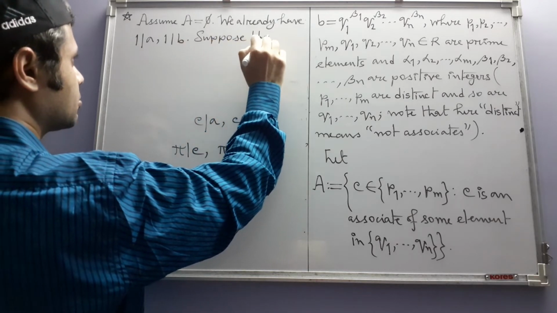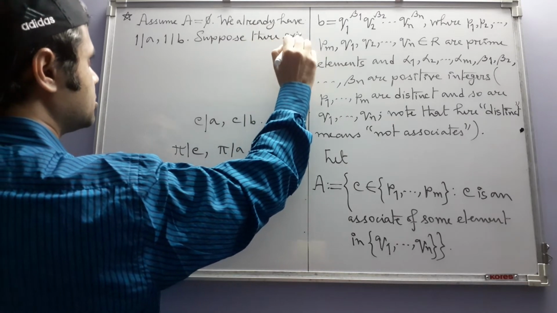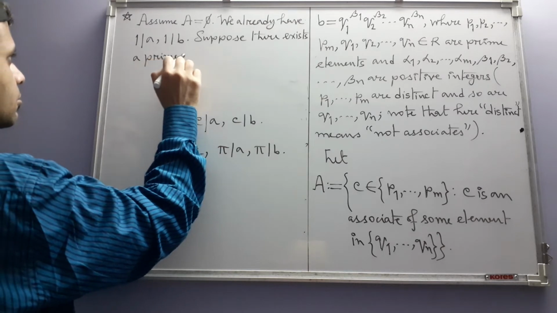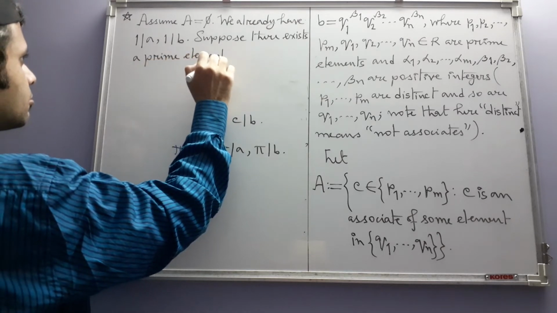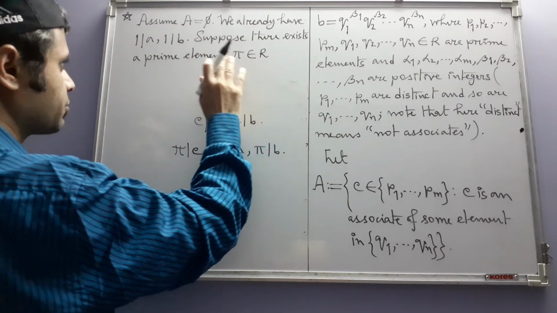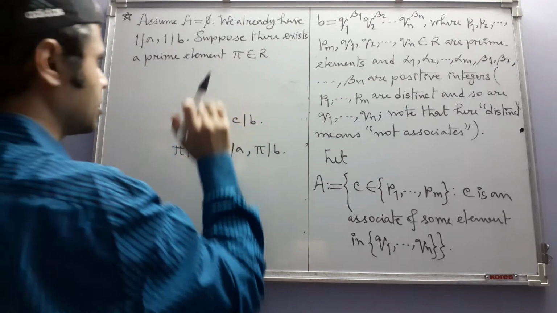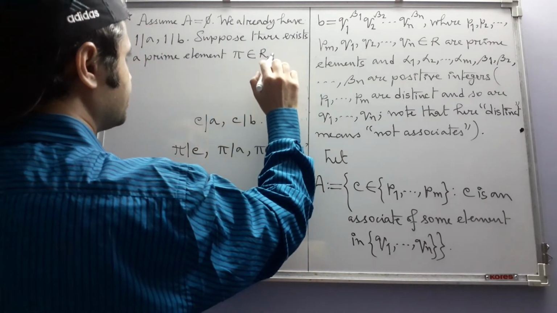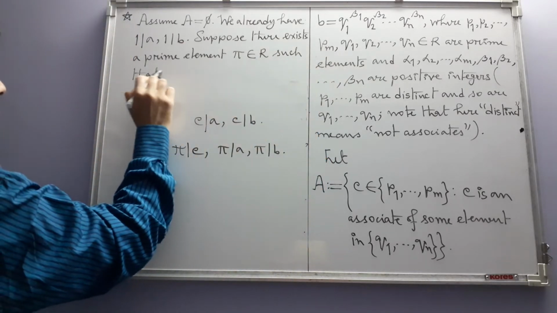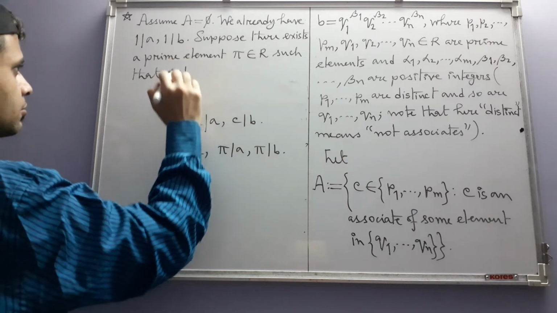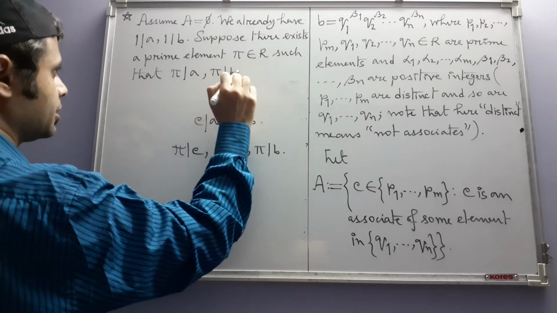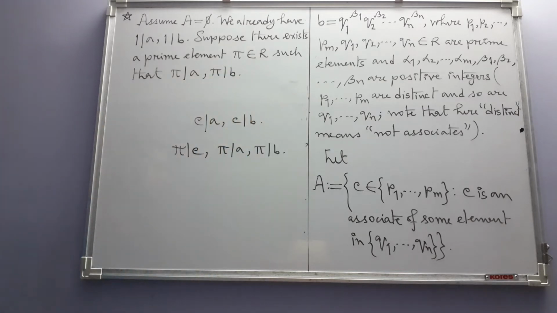Suppose there exists a prime element pi belonging to R, which of course is not the number pi, you have to understand that, such that pi divides a and pi divides b.